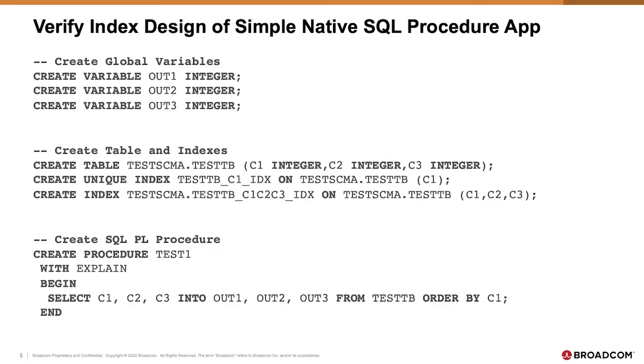The first is a unique index on column 1, and the second is a non-unique index on columns 1, 2, and 3. The SQL procedure executes with explain a simple select of C1, C2, C3 into the global variables from the table test_tb with an order by on C1.